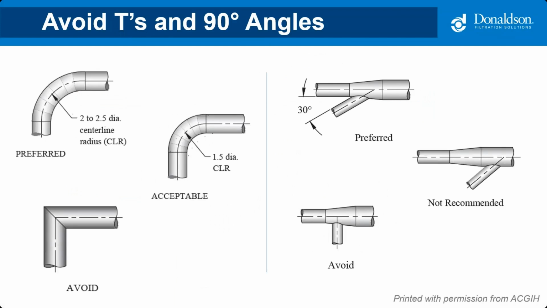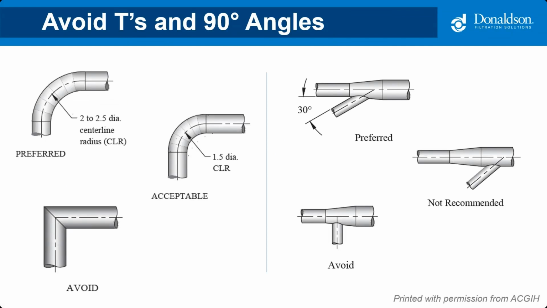So when you're looking at this slide, picture on the left are different elbows. We would prefer elbows that are 2 to 2.5 diameter, centerline radius, except where space may not permit, in which case you can use a 1.5 diameter centerline radius, and that is also acceptable.